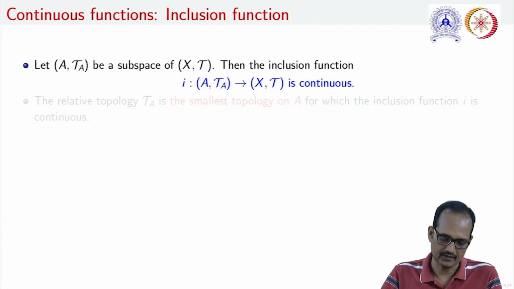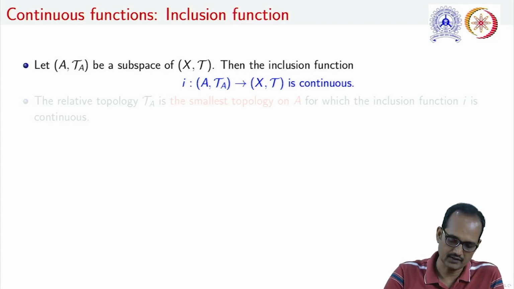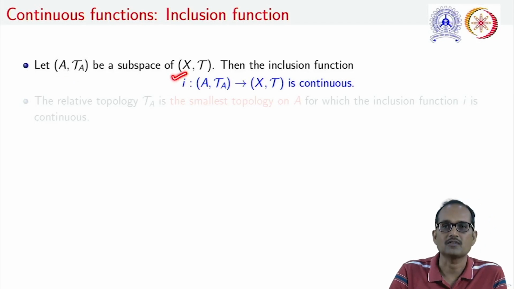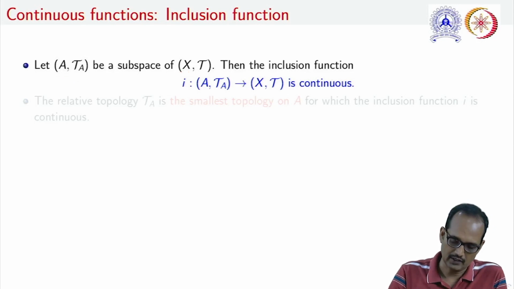Moving to the next, let us see the continuous function from a subspace to a topological space, and that function is precisely the inclusion function. Let (A, τ_A) be a subspace of a topological space (X, τ), then what we can prove?